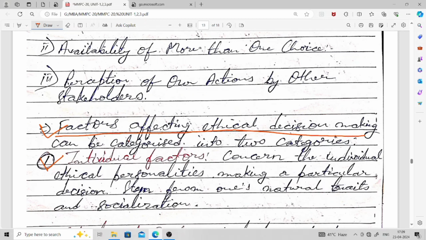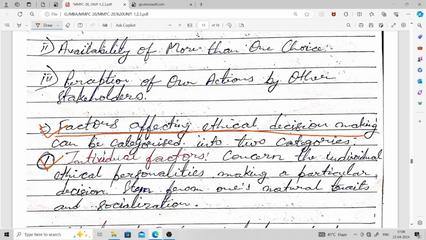These factors stem from one's natural traits and socialization. It means how a person has been raised, and what kind of environment the person has already lived in. Those social and environmental factors affect how the person is going to make decisions in case of an ethical dilemma.